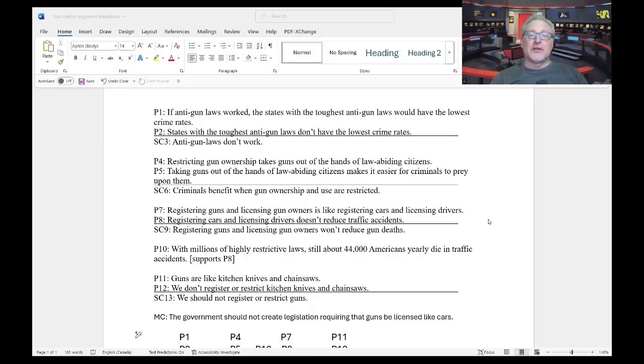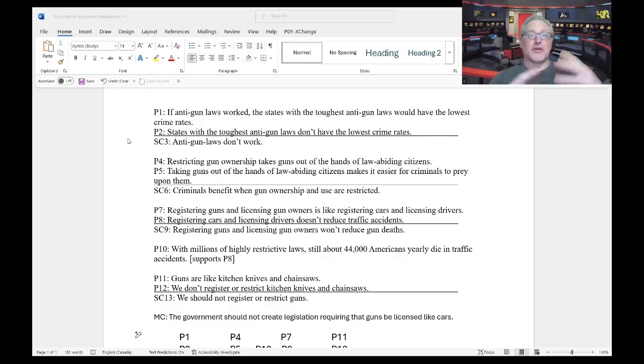Premise one, if anti-gun laws worked, the states with the toughest anti-gun laws would have the lowest crime rates. Is this an acceptable premise? Now, I would think that this would, at first glance, seem to be a common sense claim.